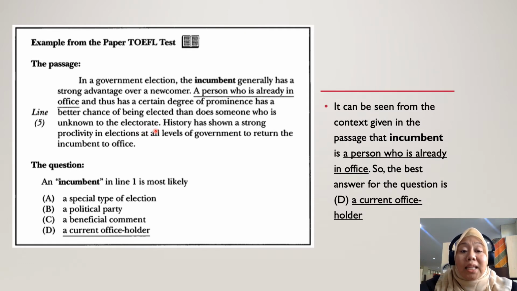Okay, it can be seen from the context given in the passage that an incumbent is a person who is already in office. See, the definition is actually given in the passage. We just have to know how to find it. So the best answer to the question is D, the current office holder.